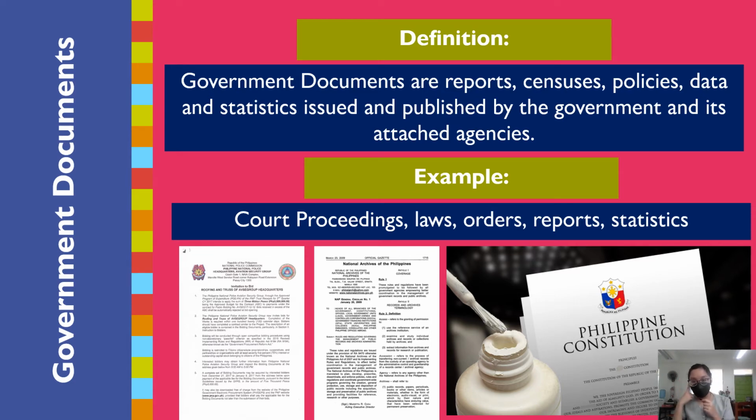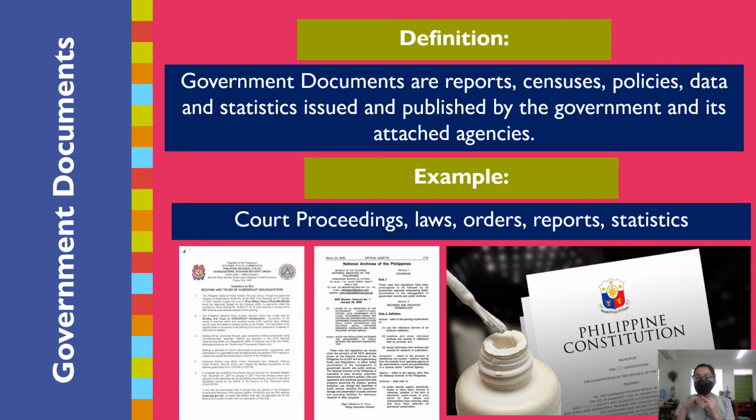Paggawa ng gobyerno, kahit siya ay books, siya ay nasa under ng category ng government documents. So what are the examples of this? So number one, we have court proceedings. So these are ito yung mga tinatype kapag merong case na kailangan isulat. Of course, lagi namang recorded ang lahat ng ginagawa sa hearing. So it is called court proceedings.